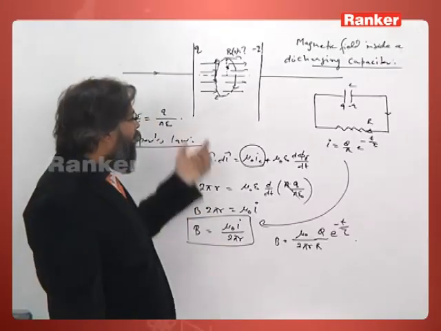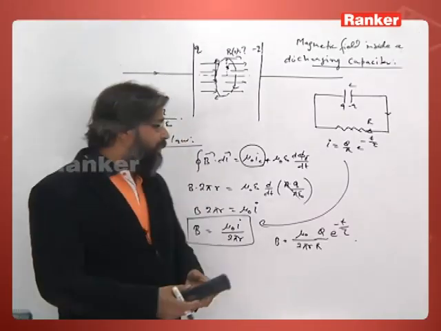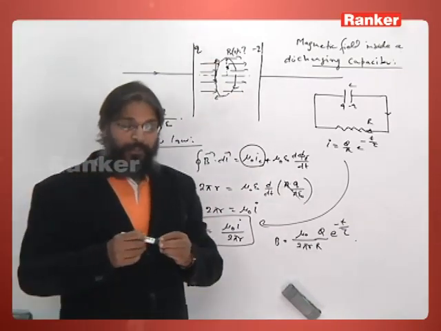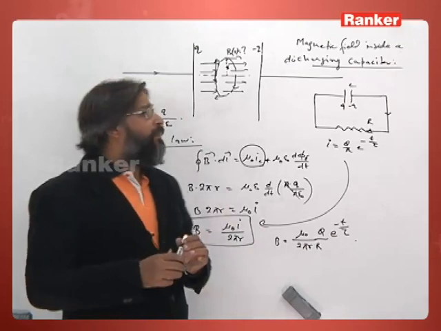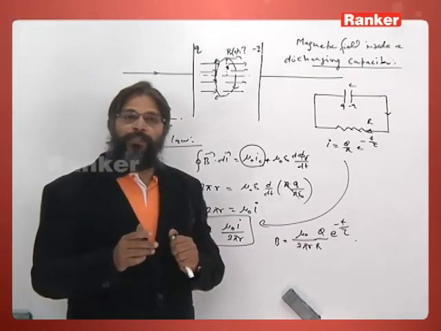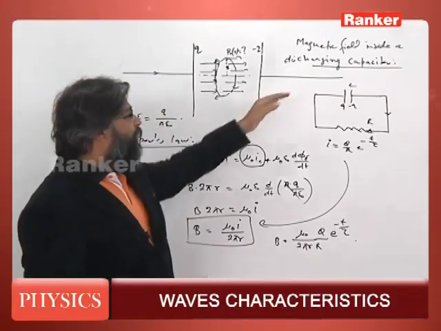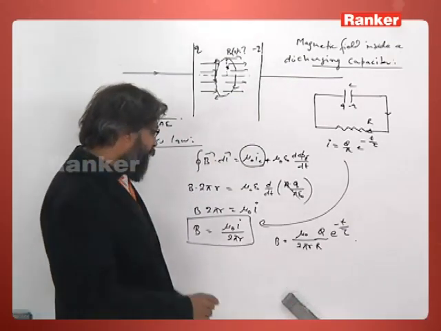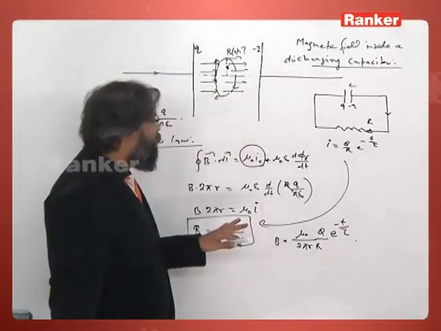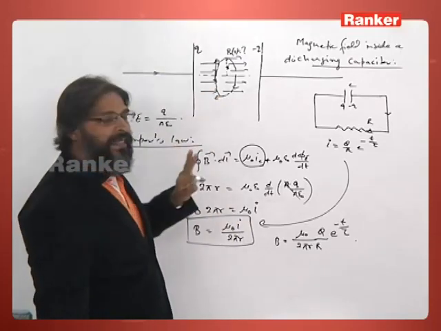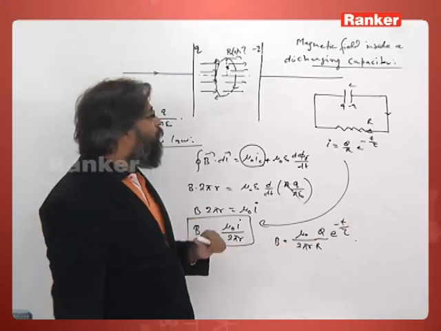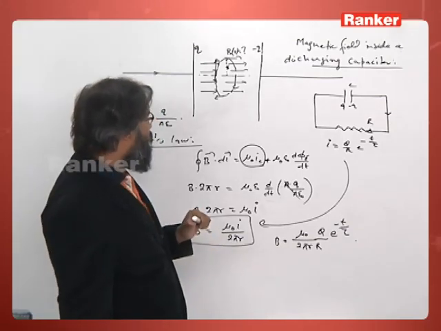That means theoretically we are able to establish that a magnetic field can be produced by an electric field. A changing electric field produces the same magnetic field which a conduction current can produce. So this is what the displacement current is and how it can produce a magnetic field in a region.